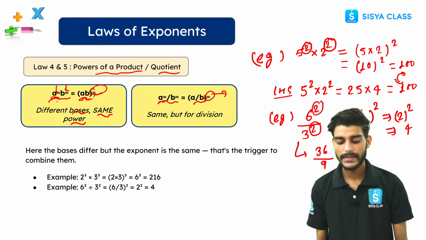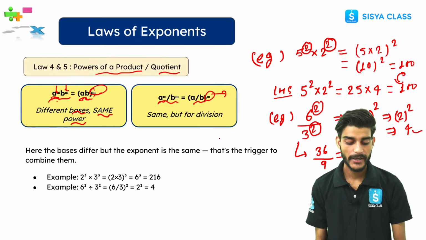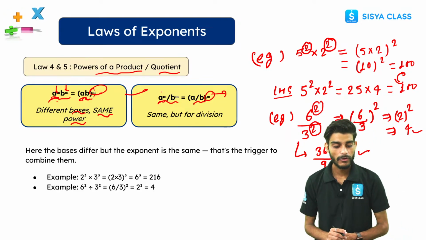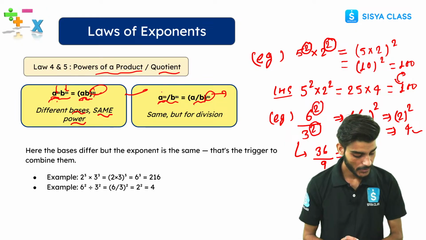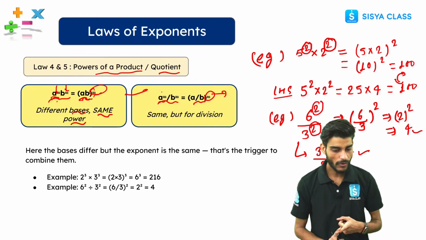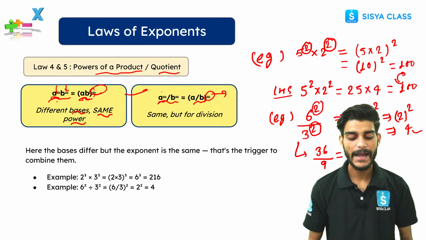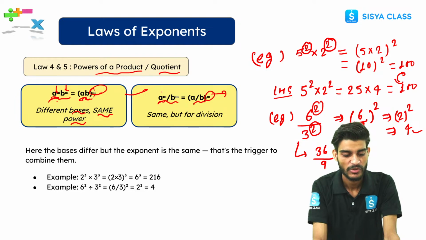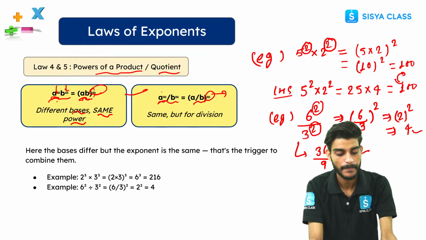So 36 divided by 9 is once again 4. It means that this property is also valid. So the 4th and 5th law, I think this is clear to you. 4th and 5th are the combined law for powers of a product and quotient. So 5 laws are clear to you.